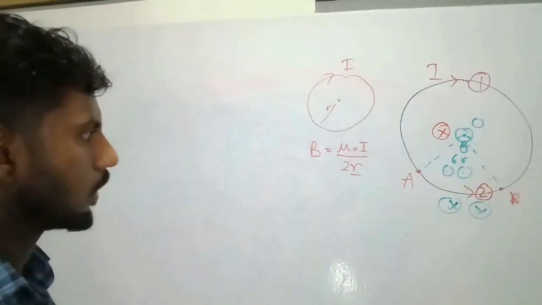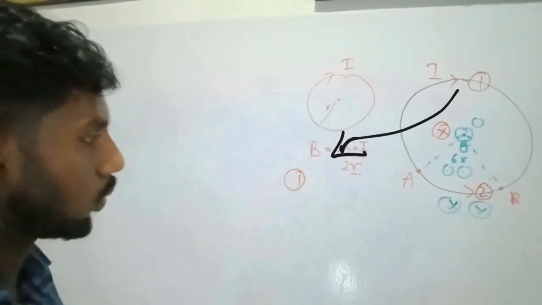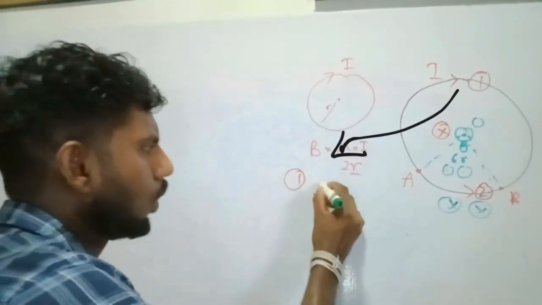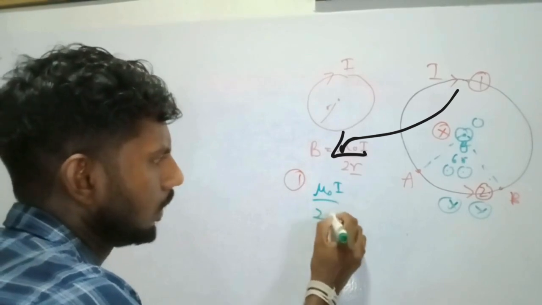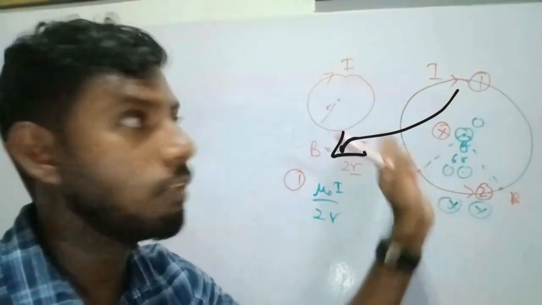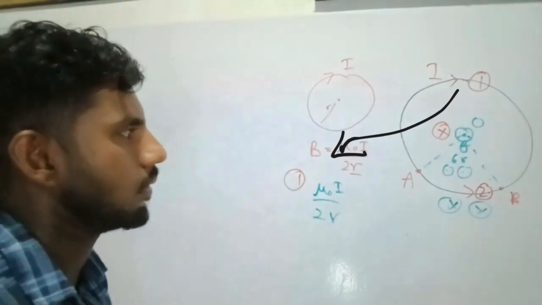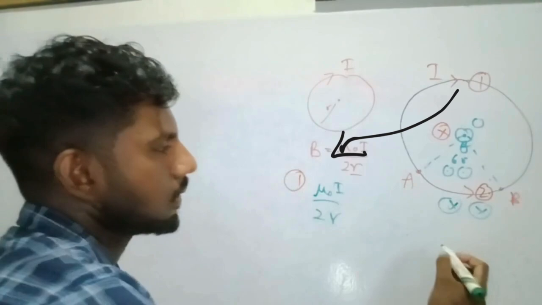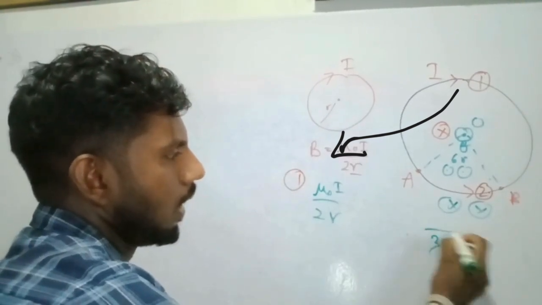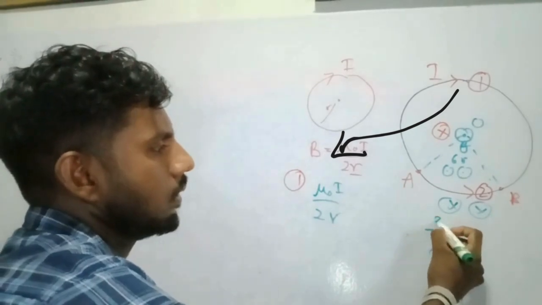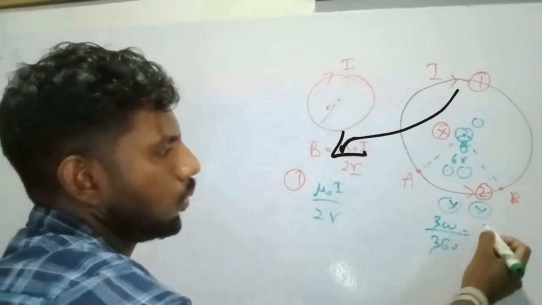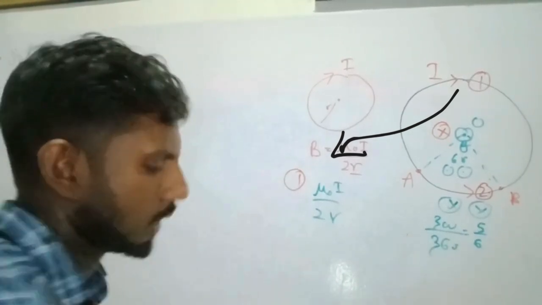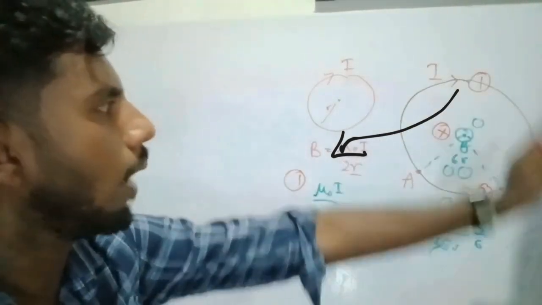So let's apply the equation for part 1. Part 1, mu naught I over 2R. We need to take the fractional value of the circle. The complete circle is 360 and the remaining portion is 300, so 5 over 6 of the circle is the upper part.